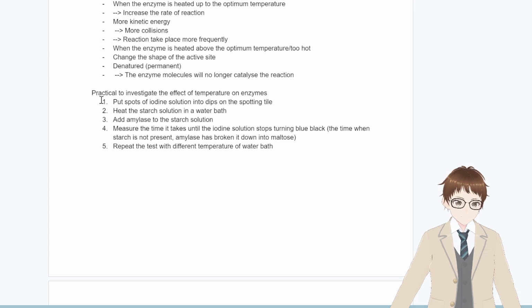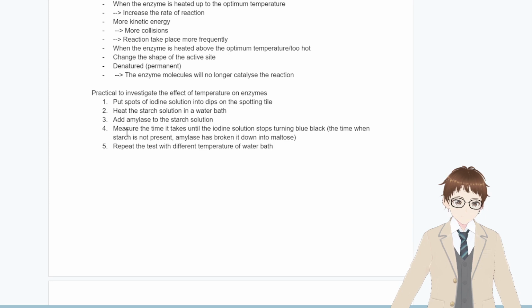So, the practical to investigate the effect of temperature on enzymes. Firstly, we put spots of iodine solution into dips on the spotting tile. Then we heat the starch solution in a water bath, and then we add amylase to the starch solution.